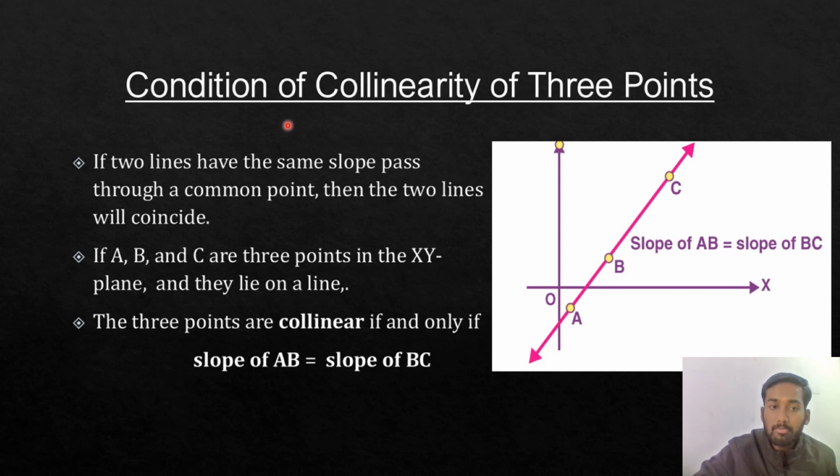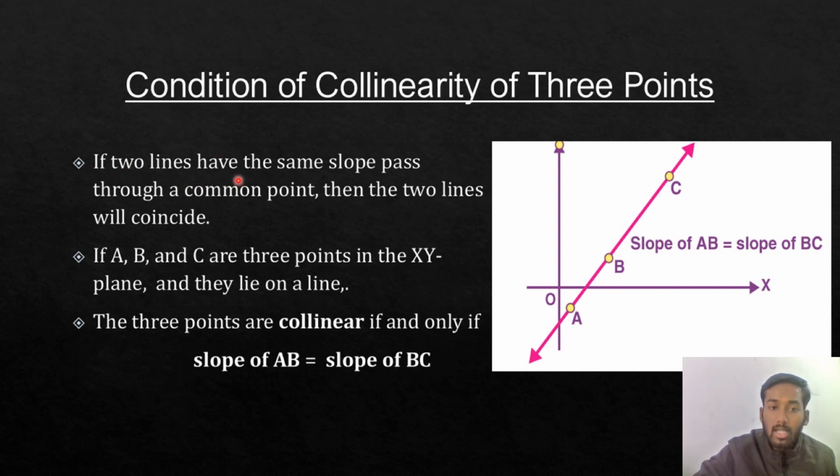Now the last topic: the condition for collinearity of 3 points. Here you can see in the figure that A, B, C are points that lie on the same line, and that is collinearity.